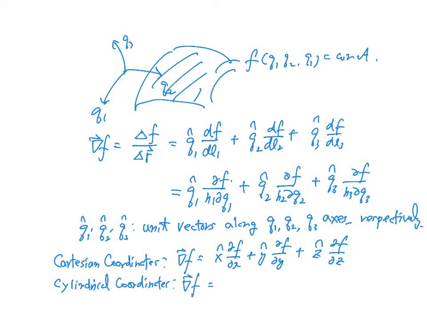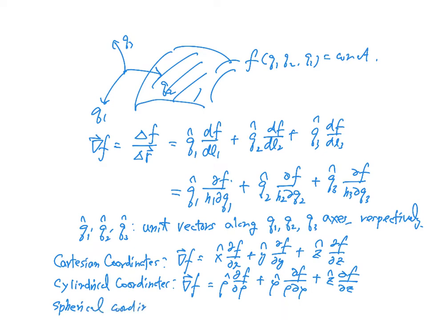The gradient of f is rho hat partial f, phi hat over rho partial f, z hat partial f. And in spherical coordinates, the gradient of f is r hat partial f, theta hat over r partial f, phi hat over r sine theta partial f.